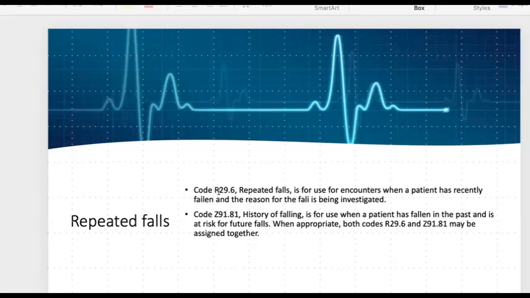For the code R29.6, the guidelines are telling us that you can only assign it if the recent fall, or the reason for the recent fall, is being investigated. Non-trained coders, if you're seeing this for the first time and you look up the code for fall or falling, the first code you are going to see is R29.6, the one shown in the slide.